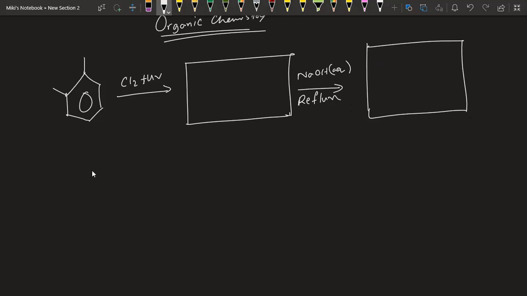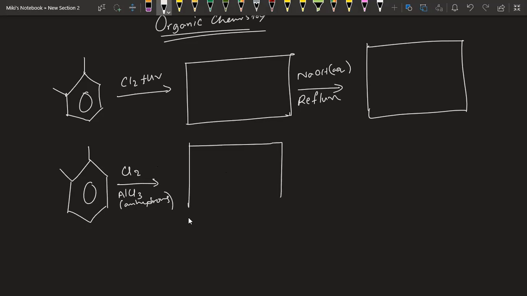In the same question, they have given the same molecule. Initially, we have the same molecule. From there, they are providing us with Cl2 with AlCl3 anhydrous, and we would get some product here, which we need to find.